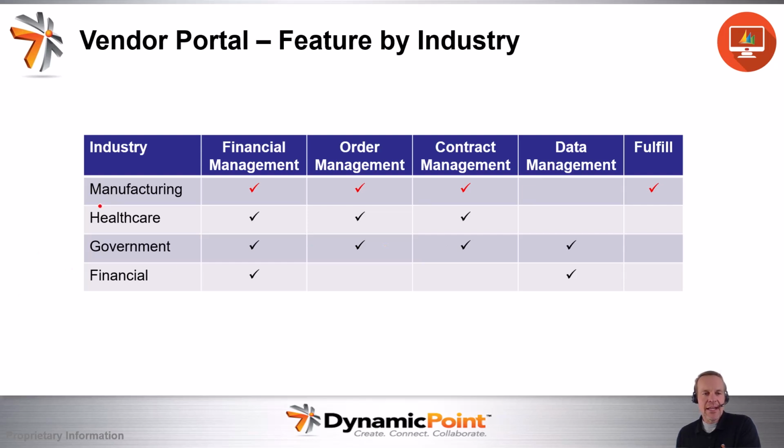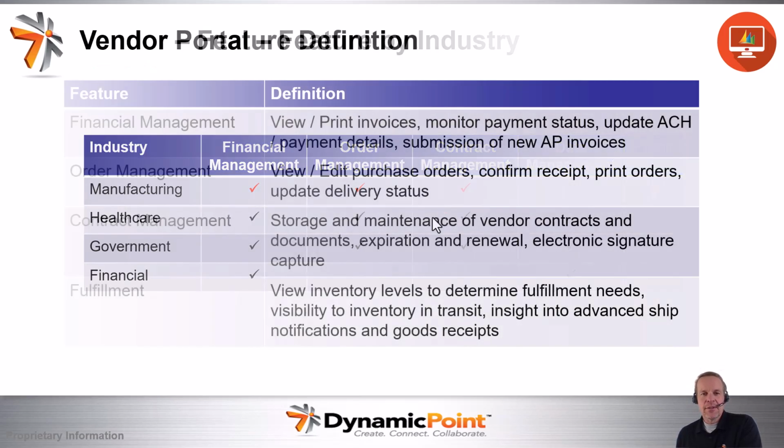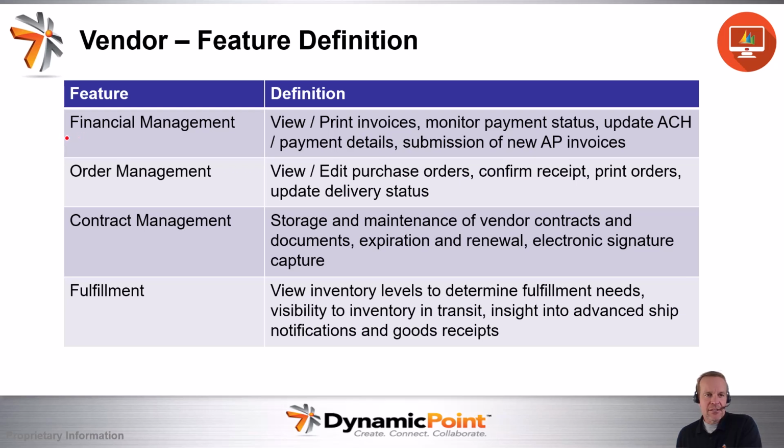So today we're looking at a manufacturing industry customer, again, a vendor portal. And the items that seem to be the most applicable or popular amongst this industry demographic was financial management, order management, contract management, and lastly, fulfillment. And to discuss what that means, let's go through each of them individually.